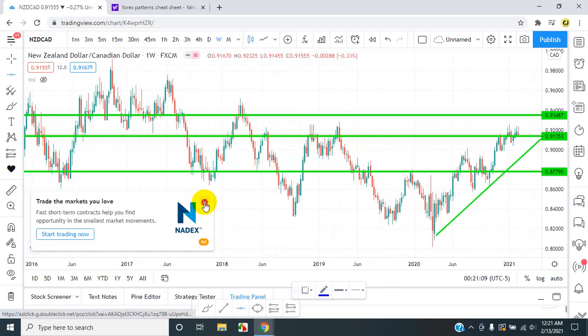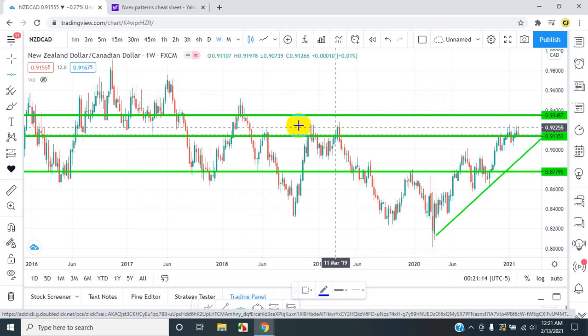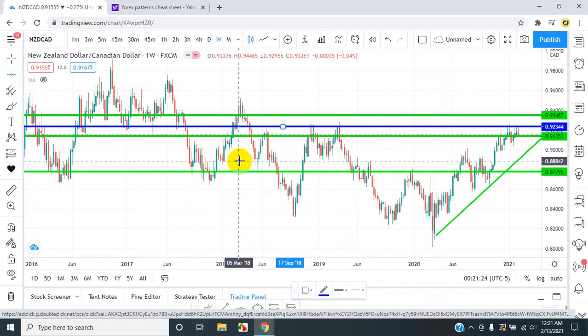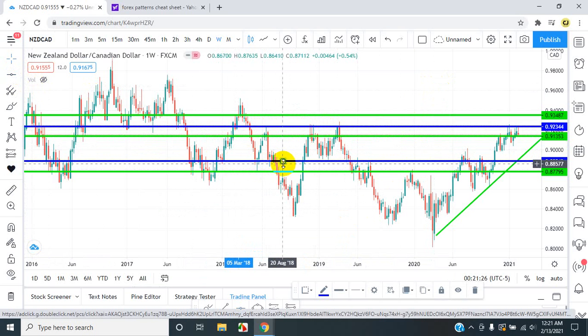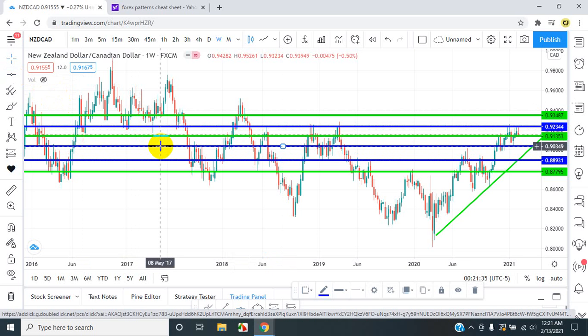The easiest way that I look for SR lines is to look for peaks. There's plenty of other ways. It's just one way I do it. So if you're looking for peaks, there's a peak here, peak here, peak here. Or you look for areas where you can touch. A few here. Pull this one up. We have another one there. So that's it. We just filled up with all our SR lines.